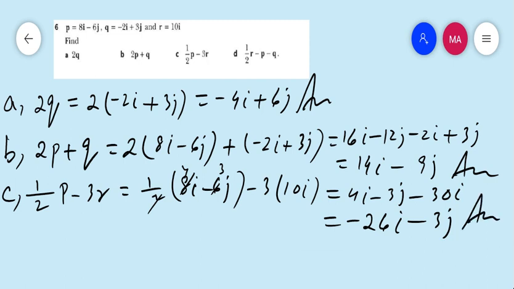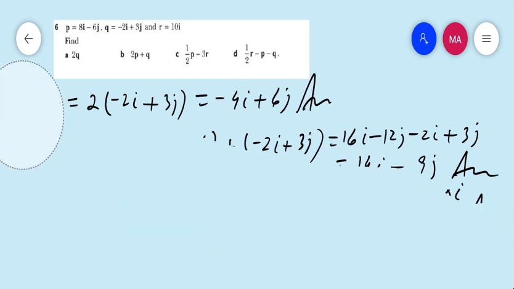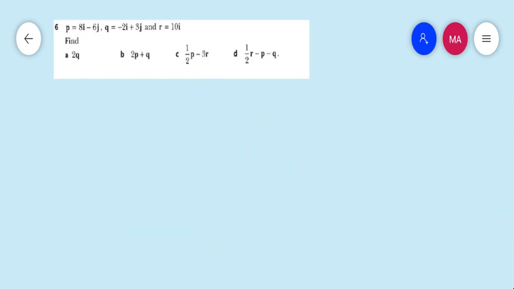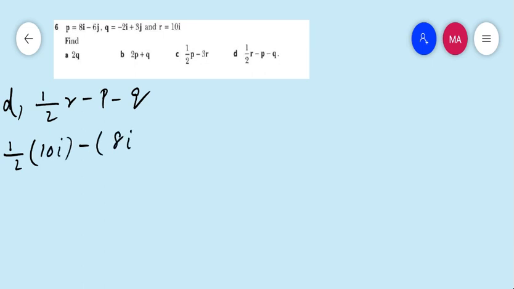Move to last part D. D part is 1 upon 2R minus P minus Q. So 1 upon 2R is 10I, minus P which is 8I minus 6J, minus Q which is minus 2I plus 3J.